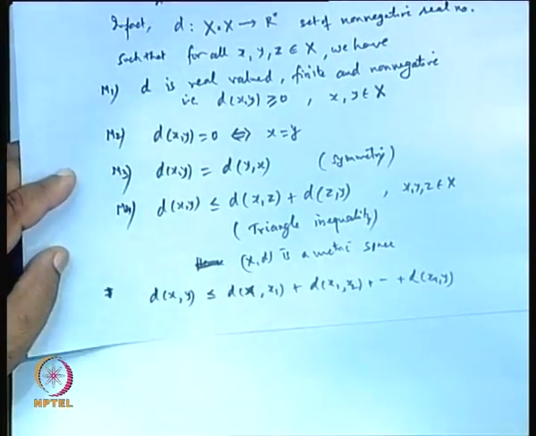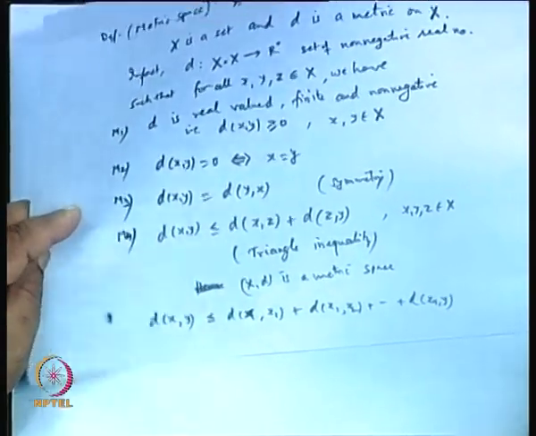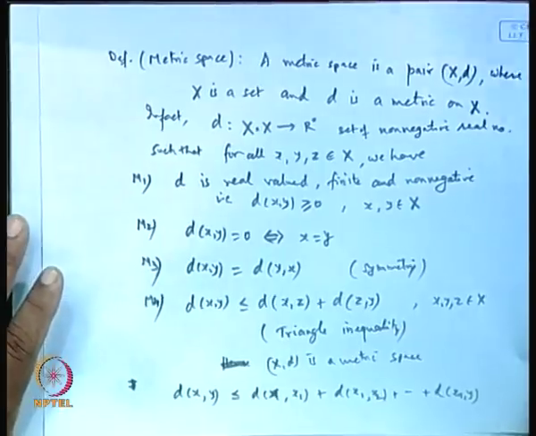So, this idea can be generalized in general. Okay. That will sometimes be used. Now, let us see a few examples based on this definition to justify whether it is a metric space or not.